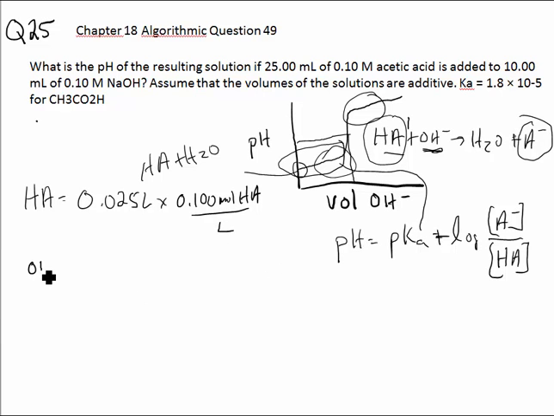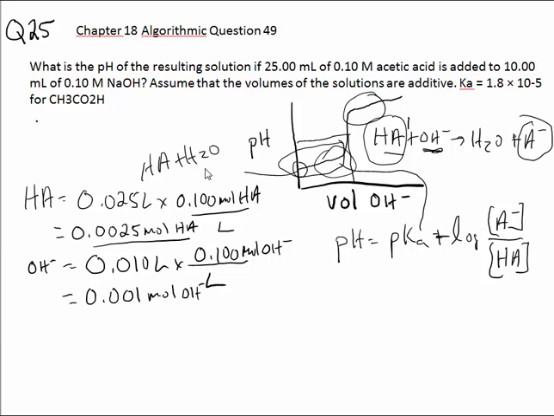And then we have our OH minus that we're adding, and at this point we said we've added 10 milliliters, so 0.010 liters times 0.100 moles of OH minus for every liter. Those values tell us how many moles of HA and OH minus we've added. When I simply do those multiplications, these are the values I come out with. So this is how much HA we start with, and this is how many moles of OH minus we've added.